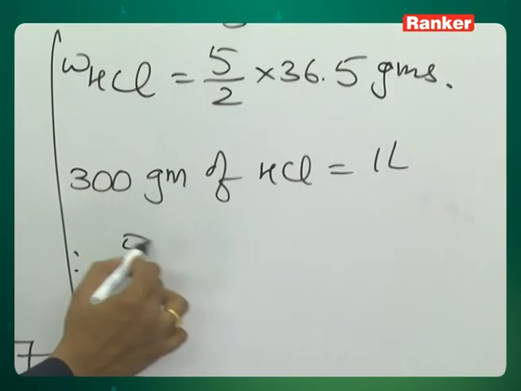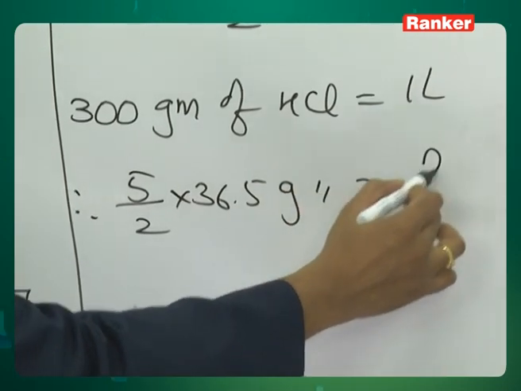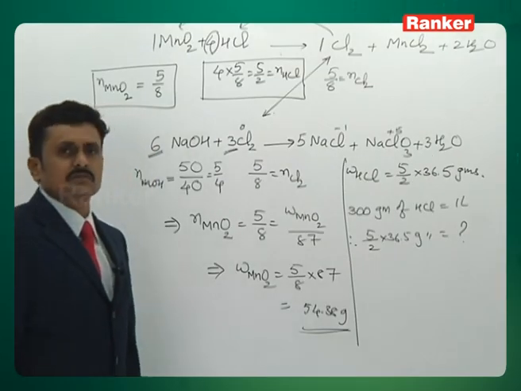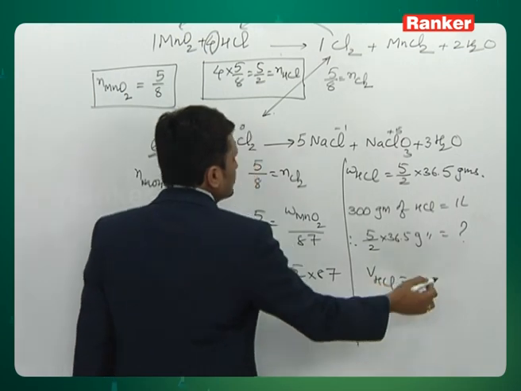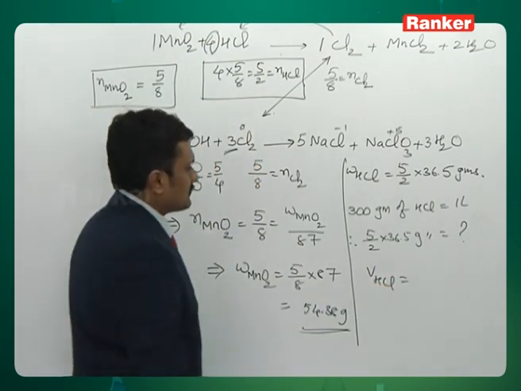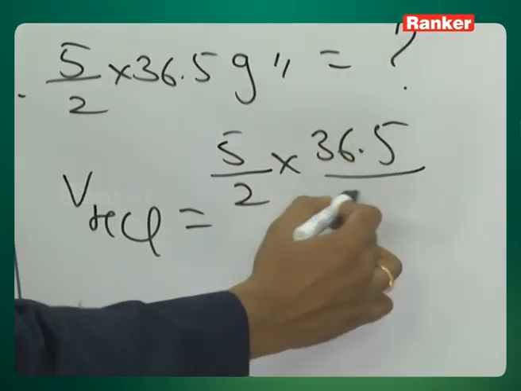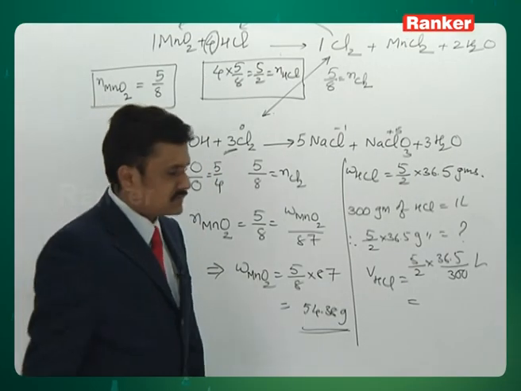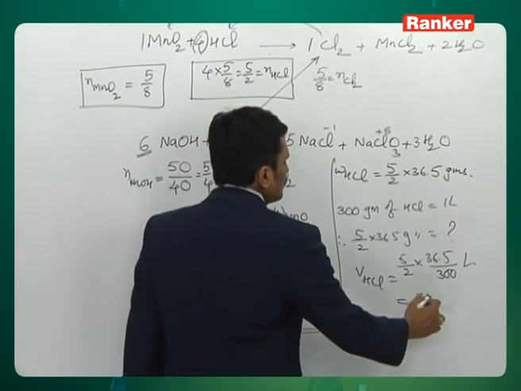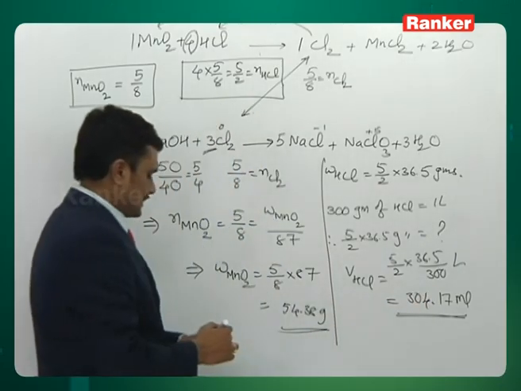Therefore, if I take 5 by 2 into 36.5 gram of HCl, how much volume would it constitute? When you simplify this, the volume of HCl is 5 by 2 into 36.5 divided by 300 liter, which turns out to be 304.17 milliliter. You can see it's as simple as that.